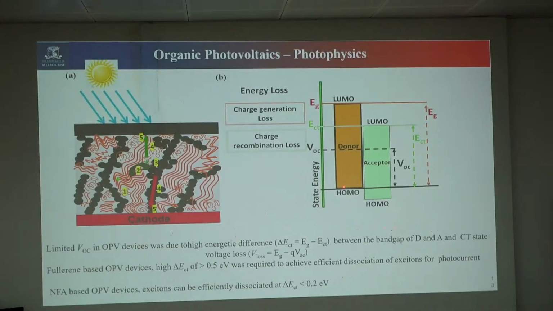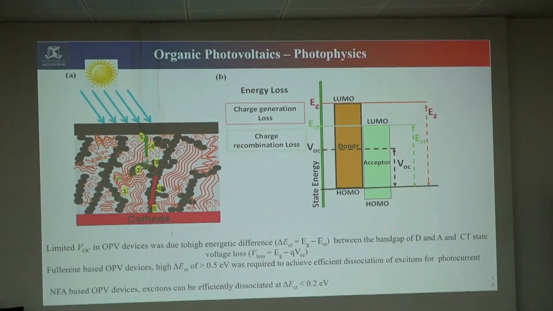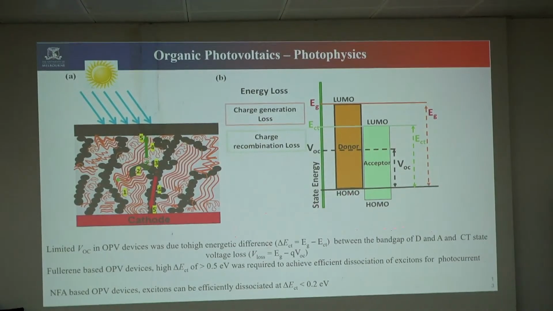This is the energy level of HOMO and LUMO of the donor, and this is the acceptor. To make a useful device, you have to maintain this offset so that the exciton dissociates and the charges separate. This is the maximum. In any device, we can't get an open circuit voltage beyond this band gap. It is always less, because that's a limitation.